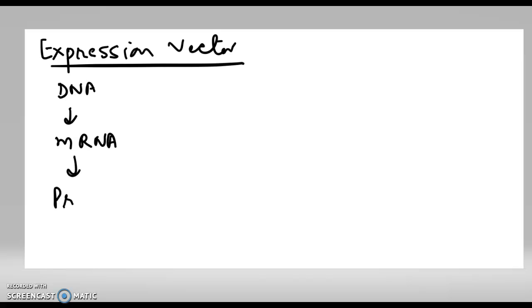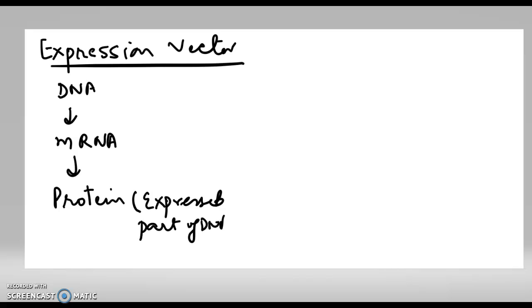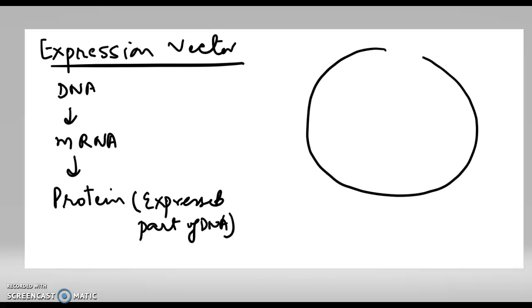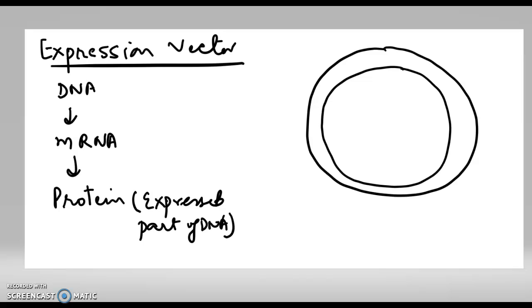Then mRNA is converted into protein with the help of translation factors, and protein is known as the expressed part of DNA. Normally by using any kind of plasmid, we are actually cloning a DNA or a gene.